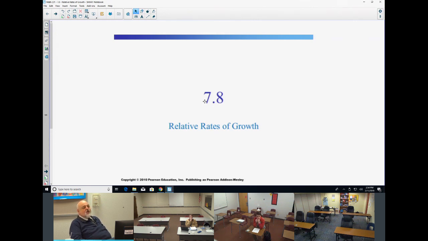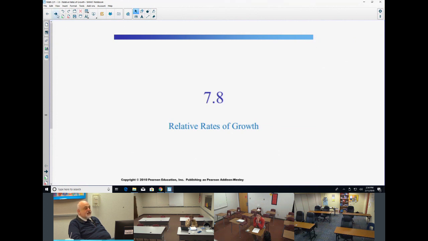In this topic, relative rates of growth, we're talking about functions that all go to infinity. It's kind of like saying they all get the job done. But what we're interested in is which one's faster, which one does the job better.